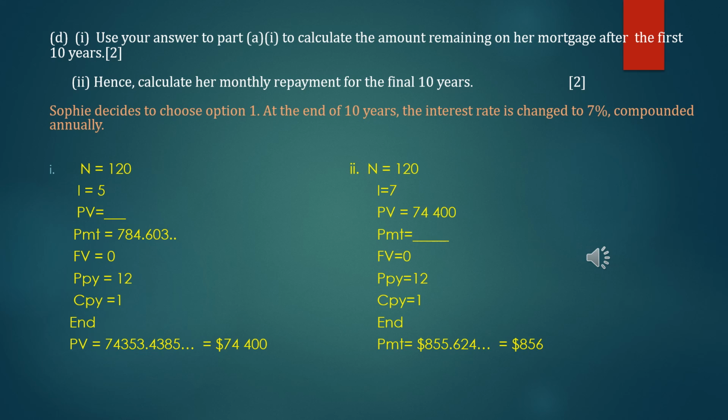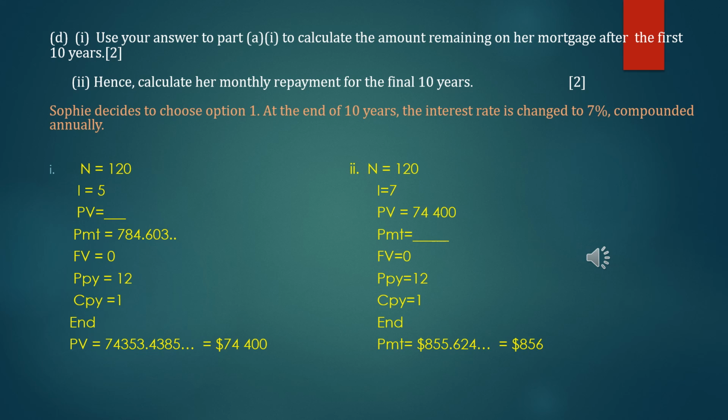You can see in the original problem, it says here, Sophie decides to choose option 1, which is this. At the end of 10 years, the interest is changed to 7% compounded annually. So after paying for 10 years with a 5% interest, there is now a change in the rate of interest. It becomes 7%. So our PV is 74,400.